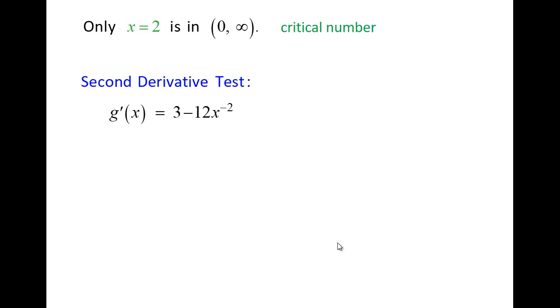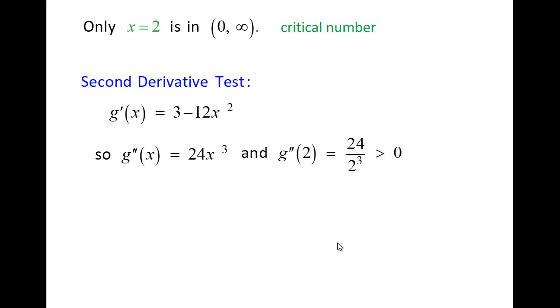The second derivative would be 24x to the negative 3. So the second derivative evaluated at 2 would be 24 over 2 cubed, which is positive. So that means the function is concave up at 2, so it has a local minimum at 2.